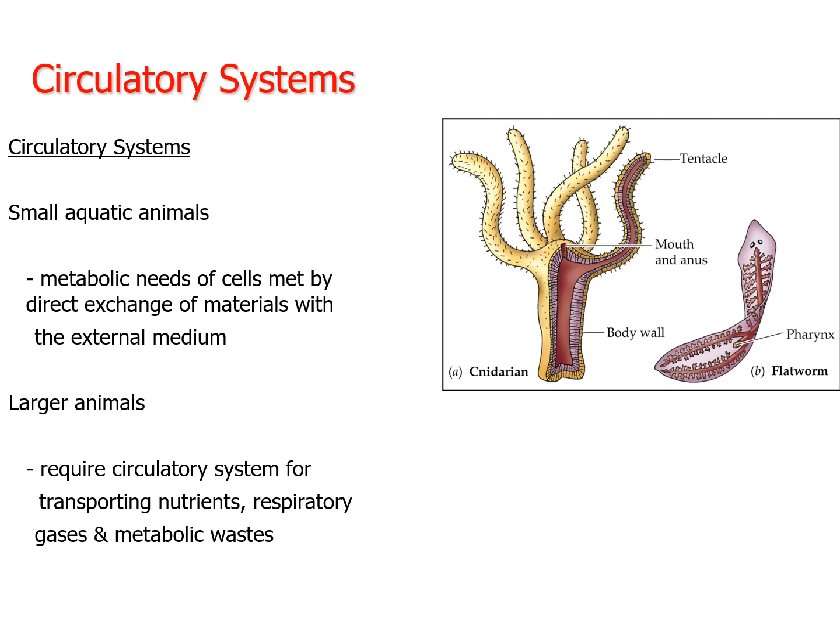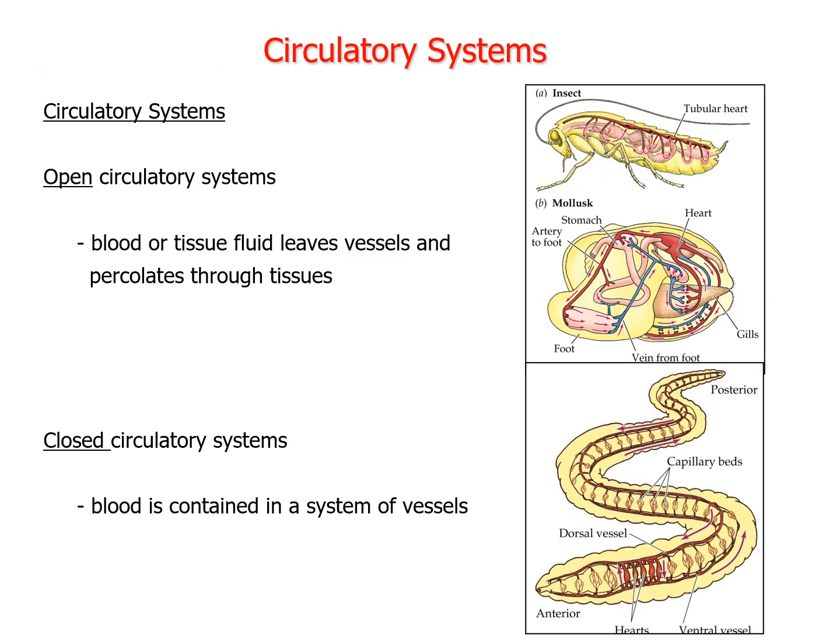So this is a major change in evolutionary progression from small aquatic animals that simply exchange with the external environment around them. The circulatory systems vary in multicellular organisms.